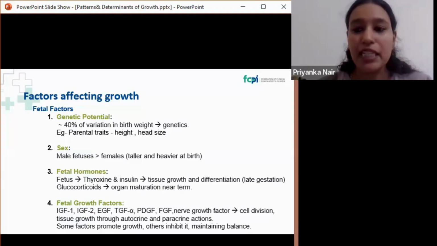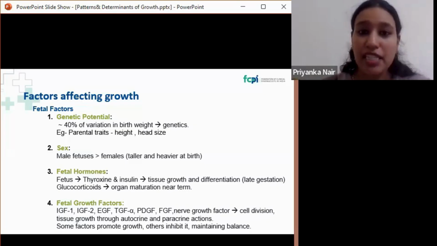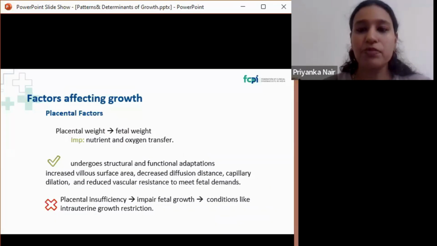All of these help in cell division and tissue growth through autocrine and paracrine actions. Now, all of these factors act, but some of them promote growth and others inhibit it and maintain a balance this way. Second category of factors are placental factors.